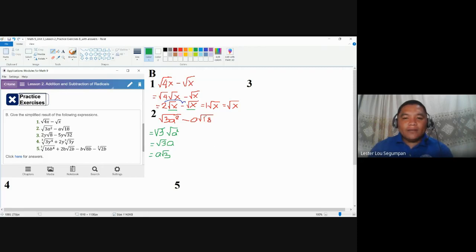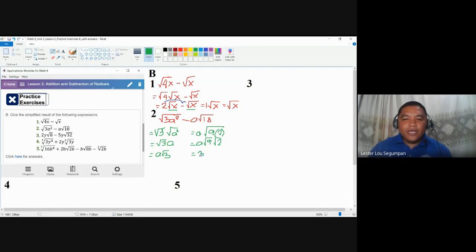So the second one will be equal to a square root of 9 times 2, because 18 is 9 times 2. So we have a square root of 9 times square root of 2. Square root of 9 is 3.